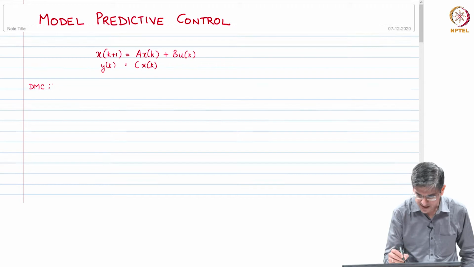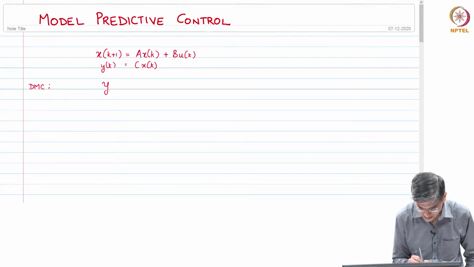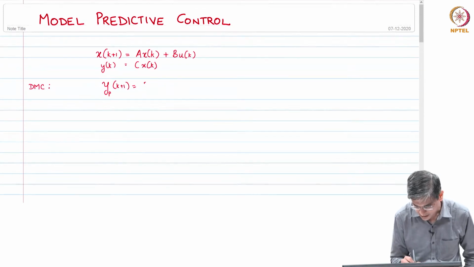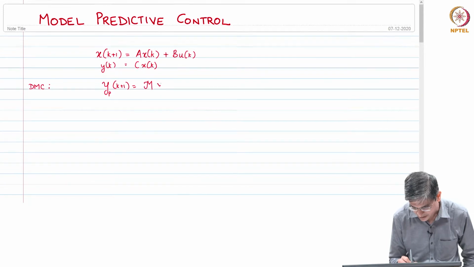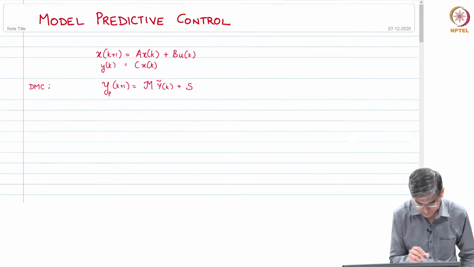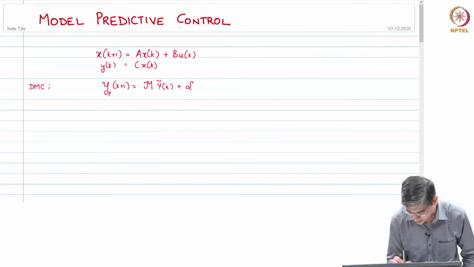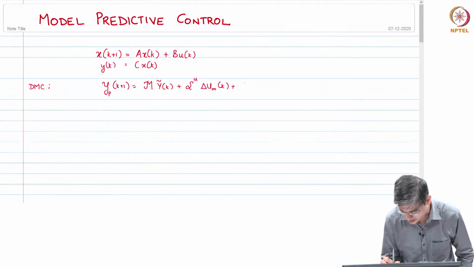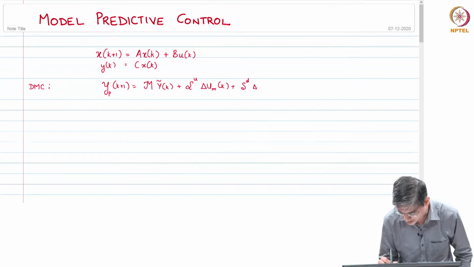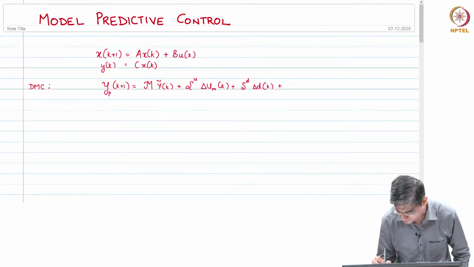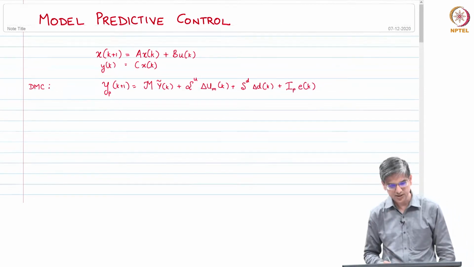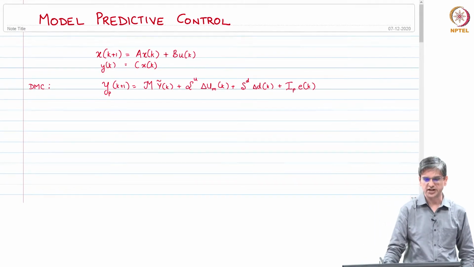And based on that, in the DMC algorithm, we set up yp(k+1) as nothing but M multiplied by y tilde(k) plus SU multiplied by delta um(k) plus SD multiplied by delta d(k) plus IP multiplied by e(k). This was how we set up the prediction equation.